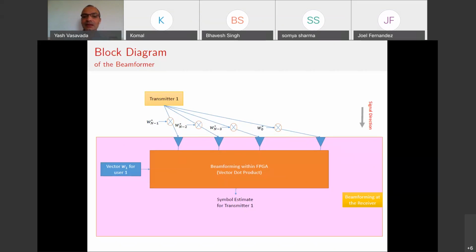In CDMA, as we saw last time, these multipliers are not applied by the propagation channel. They are not applied by the wireless communication channel. They are instead applied by the transmitter itself. And they are not complex exponential values as a function of the angle of arrival. They are instead just BPSK chips, minus ones and ones.